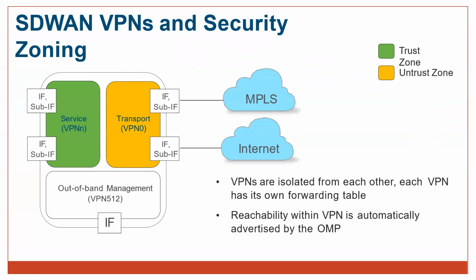This information goes over the OMP protocol and reaches the vSmart. So vSmart knows the information about the one edge device, and it takes decisions on the basis of the TLOC information, because it has the system IP, color, and encapsulation, and passes the same information to the other edge. Along with this, the key information is also forwarded to the vSmart, and this key information is shared with the other edge to form the IPsec tunnel between the two edge devices.